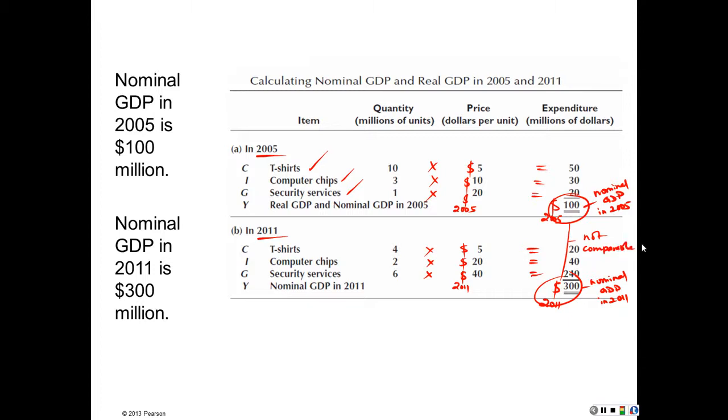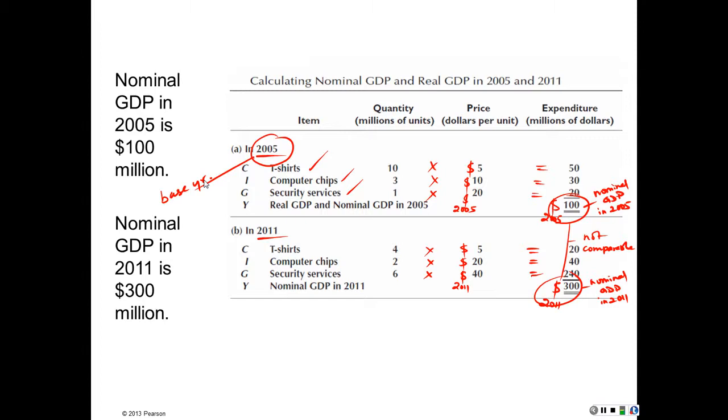Right? So what are we going to do to compare them? We are going to have to figure out real GDP. What is real GDP? First, we have to designate one of these years as the base year. Right? And the way the book works it out, the book chooses 2005 as the base year, which means that we are now going to evaluate the physical outputs in both years using 2005 prices.